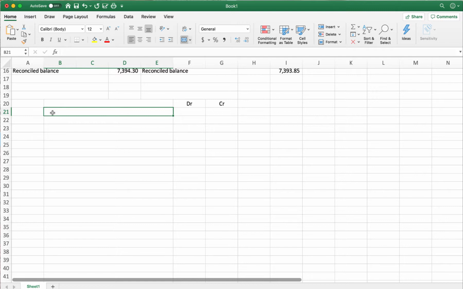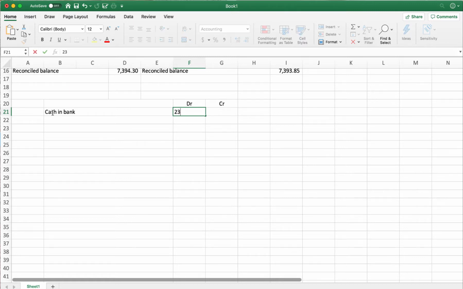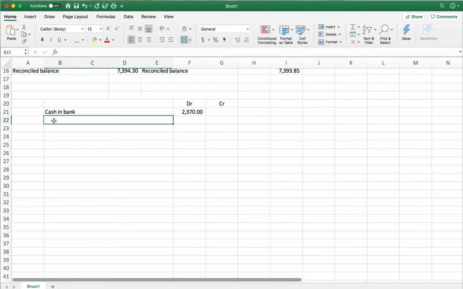So we got cash, and we'll just say cash in bank, for the $2,370 that they collected on our behalf.